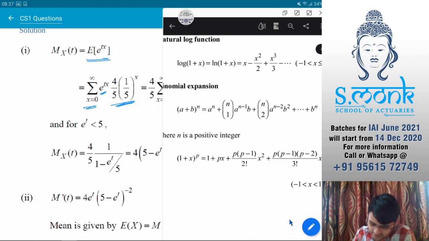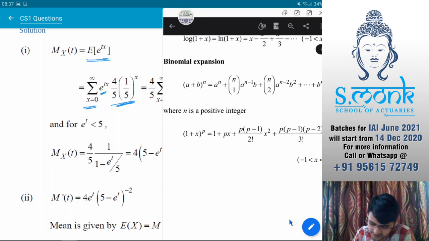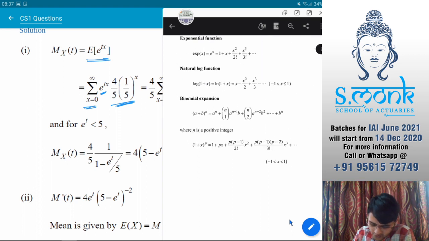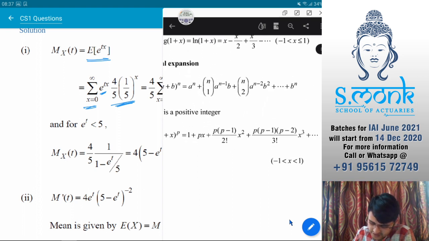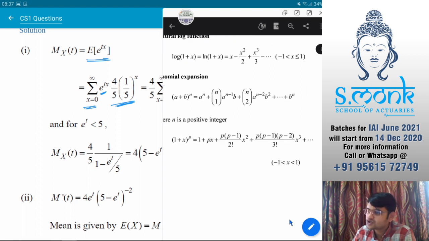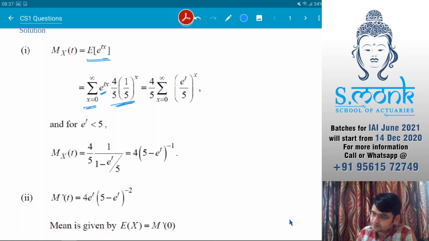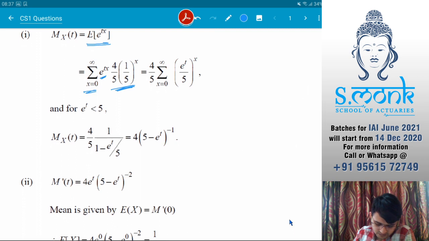And when we have n negative, or you can say p negative in this case, that is also very much important. These are very important series and you should know how to use them.